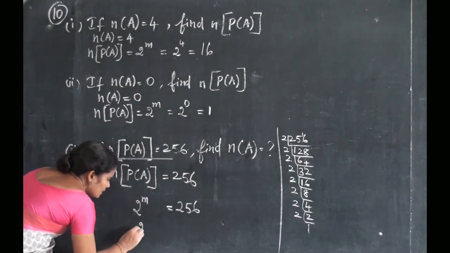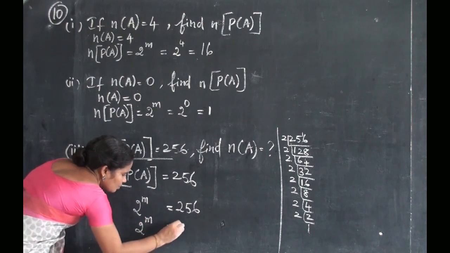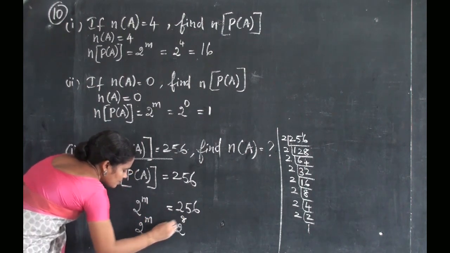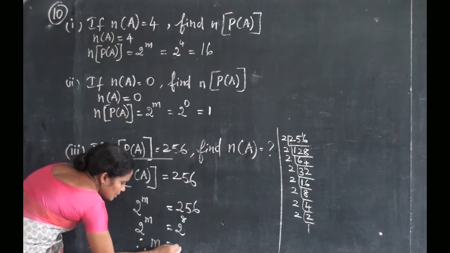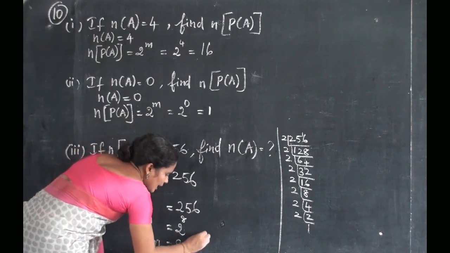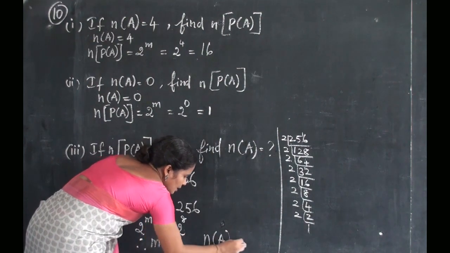So here you can go with 2 to the power of m is equal to 2 to the power of 8. Leaving the 2s, therefore m is equal to 8 and the cardinality n of A is equal to 8.